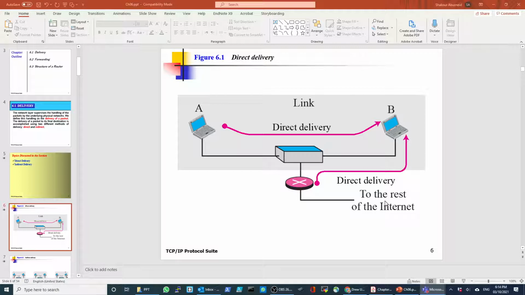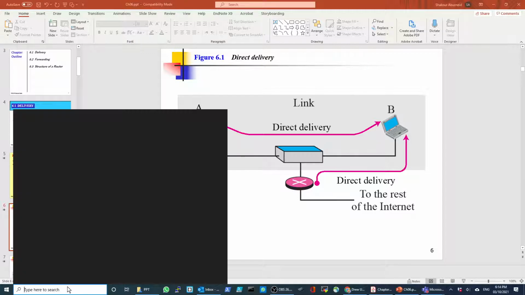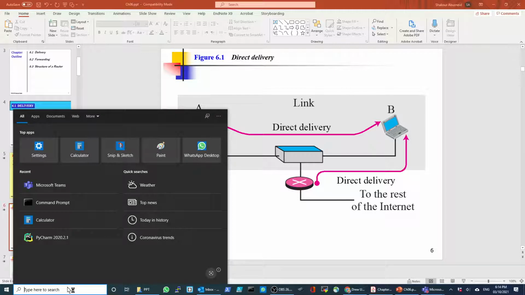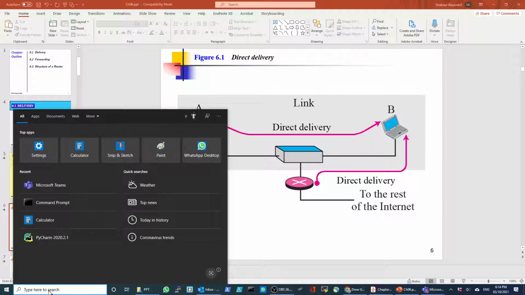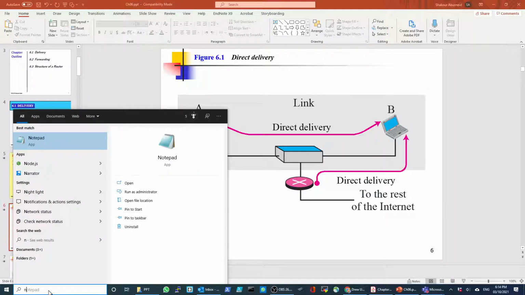And that's what we learned last time: the IP address has two parts. The first part is the network ID, and the other part is the host ID.